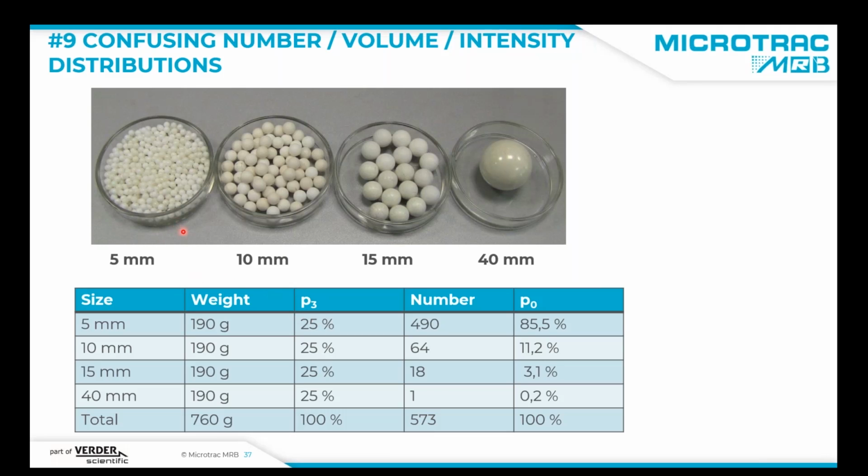But if we count the particles, we find that there are many more small particles, almost 500, but we have only one of the very big particles. If you calculate your percentage from this as a number-based distribution, you see 85.5% are small particles and only 0.2% are large particles. So this might cause some confusion.